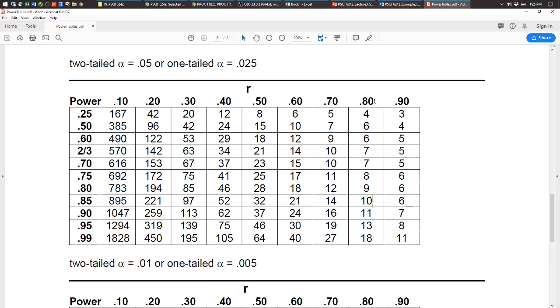You need 85 people to hit a power of 0.8. So when you have a non-significant effect, you have to ask yourself, do you not have enough people to find something big, or do you not have an effect worth finding? Two different things.